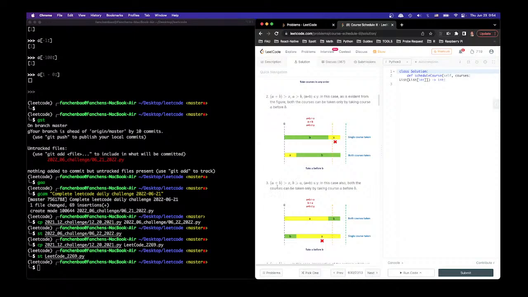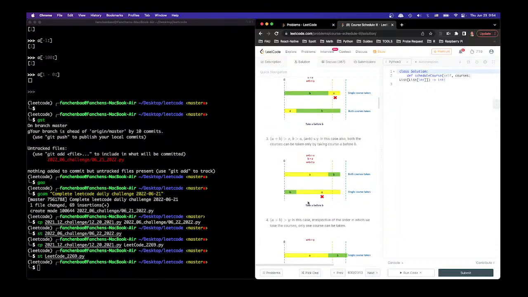A before B, so A plus B is larger than X. So I cannot take B and then A, and B is larger than A. But we can take A and then take B. If A plus B is larger than Y, we cannot take both, so we can either take A or take B. Is that all the cases?